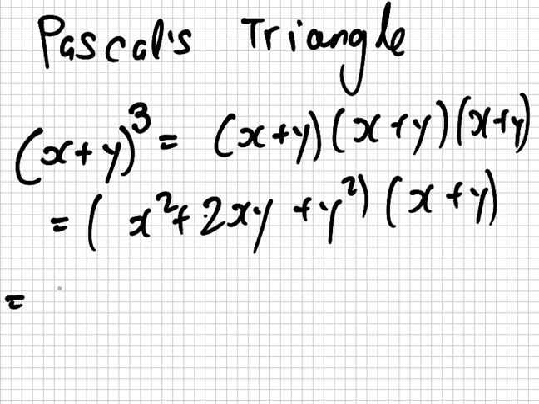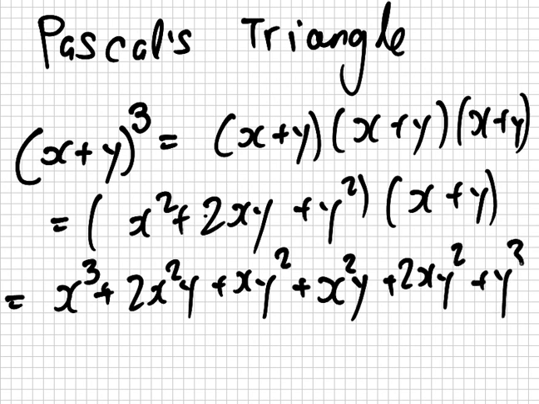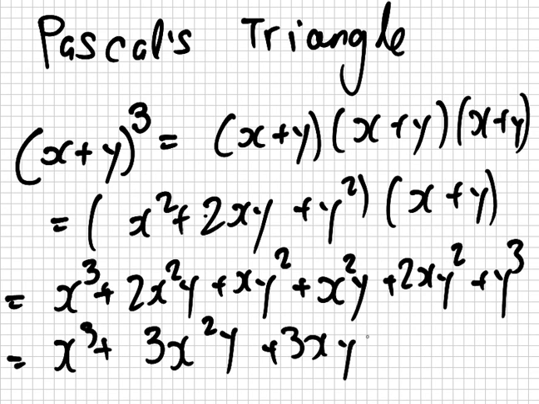First I multiply by x, and I get x cubed plus 2x squared y plus xy squared. Then I multiply by y, so I get x squared y plus 2xy squared plus y cubed. So in total I have x cubed plus 3x squared y plus 3xy squared plus y cubed.